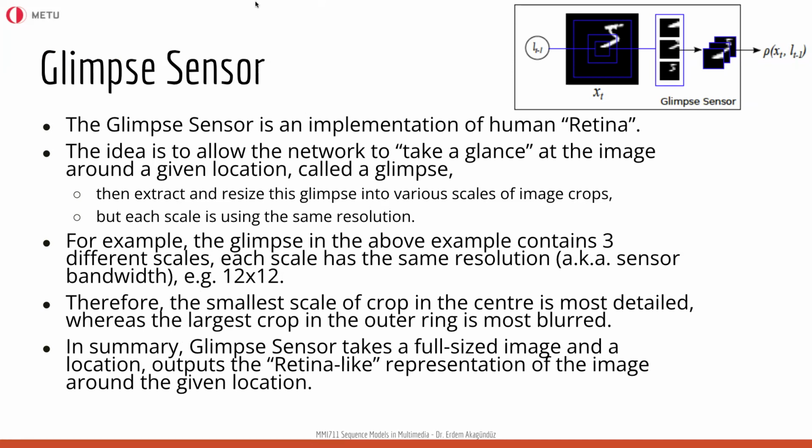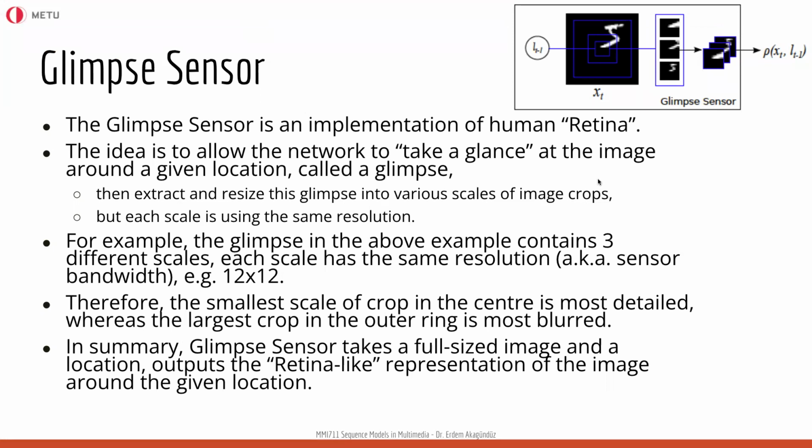The idea is to allow the network to take a glance at the image around a given location, called a glimpse. That's what glimpse means in English. Then it extracts and resizes the glimpse into various scales of image crops, because in your head, you automatically do some multi-scale processing. You may remember this from the introductory level deep learning course.